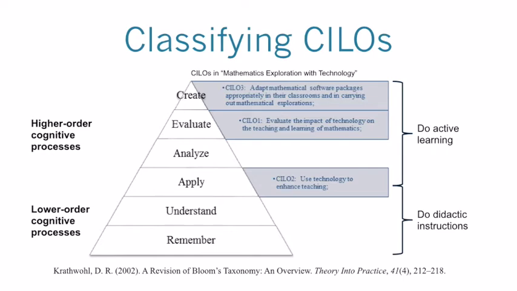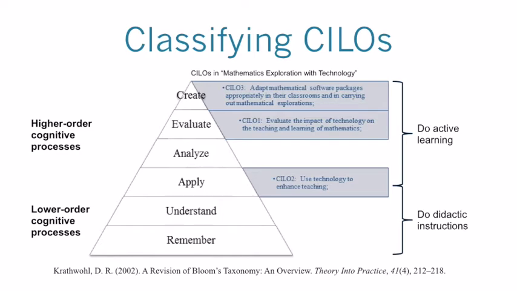This can be done using the Bloom's taxonomy, which in one of its versions defines the cognitive levels as shown in this figure. You see at the bottom we have the remembering of factual information. Above this level is understanding of basic concepts.